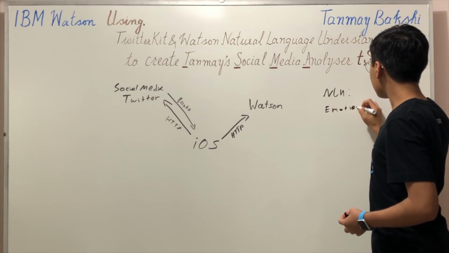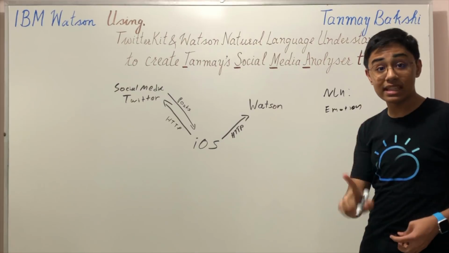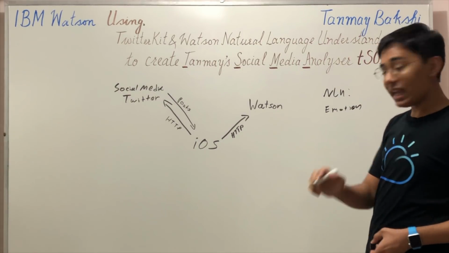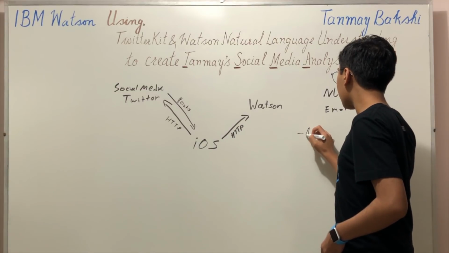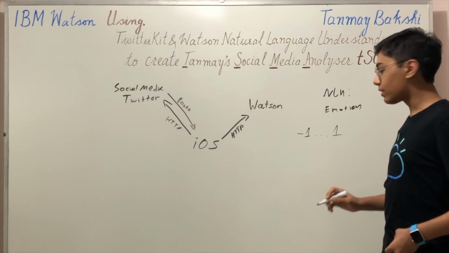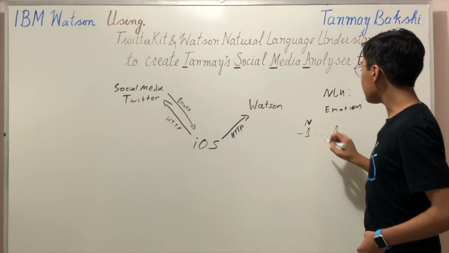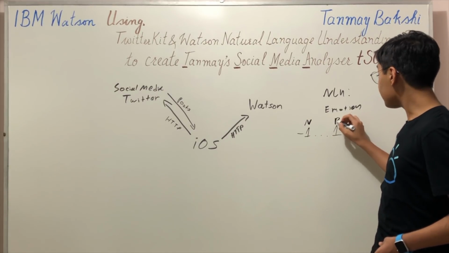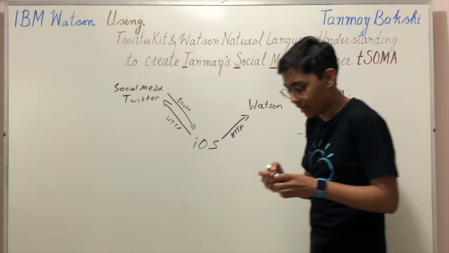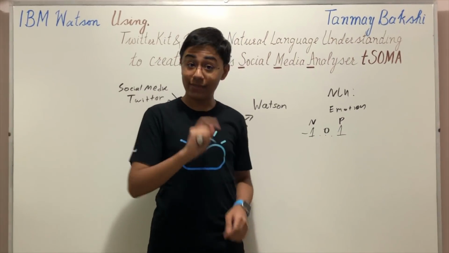Well, with emotion, I get one single value and it's floating point, and it's a range of -1 to 1. And so basically, -1 is very negative, +1 is positive, and 0 is kind of neutral. It's in between, doesn't really matter kind of thing. And so it gives me one individual value.